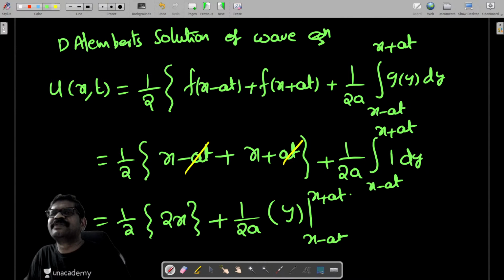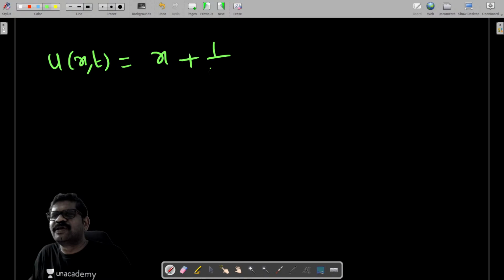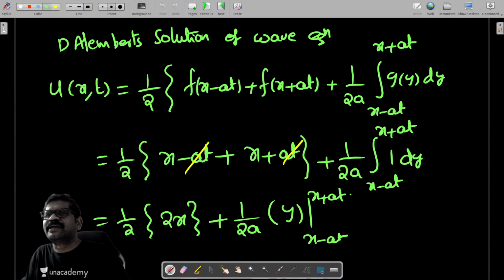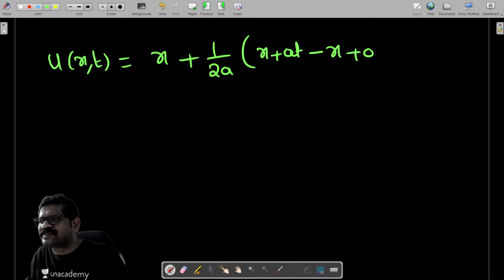Simplify this. 1 by 2 into 2x is x, plus 1 by 2a of applying upper limit x plus at, lower limit x minus at.